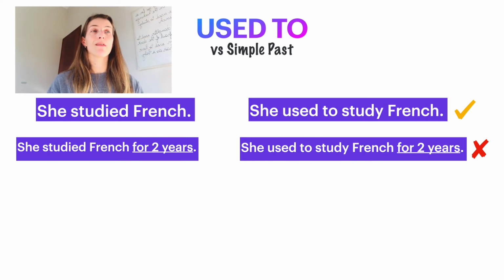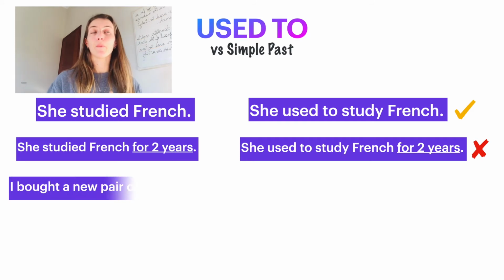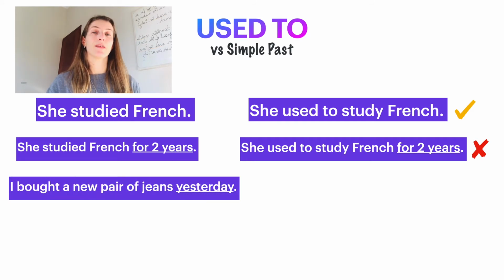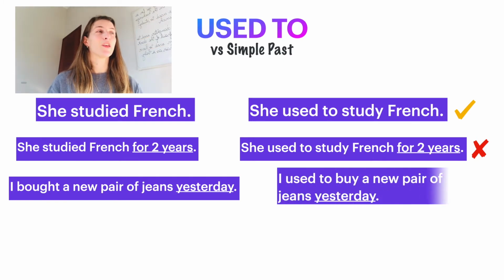So, let's see this example. I bought a new pair of jeans yesterday. So, again, we are talking about the time when the action occurred. Estamos especificando cuándo ocurrió la acción. Yesterday. Entonces, en pasado simple queda perfecta la oración. Pero yo no puedo decir I used to buy a new pair of jeans yesterday.